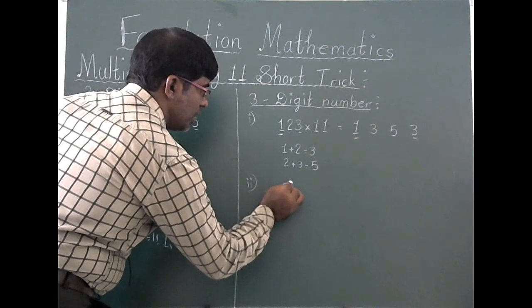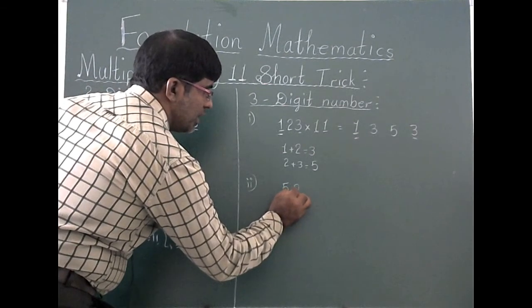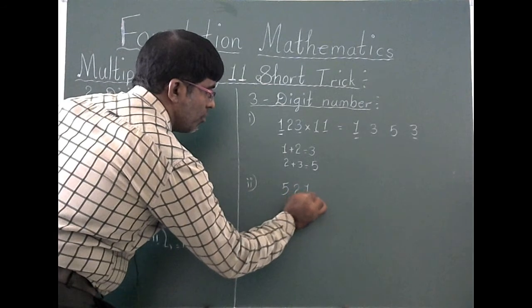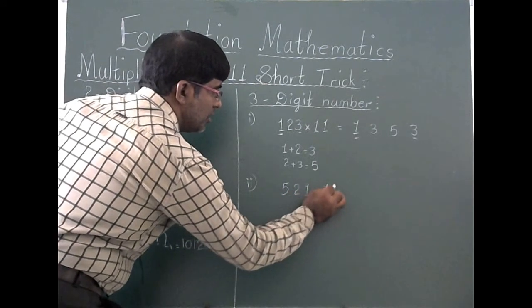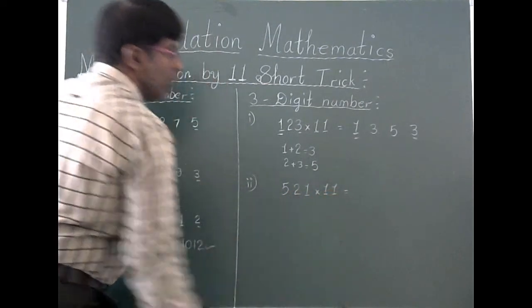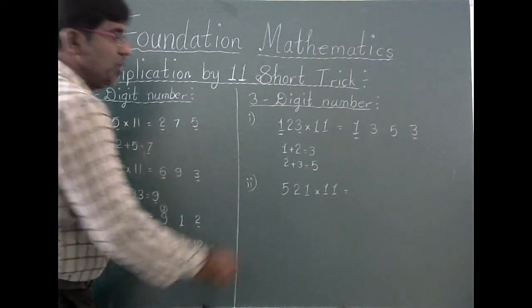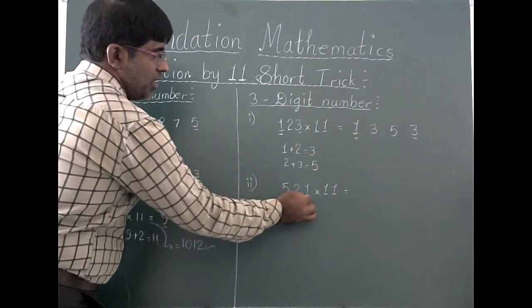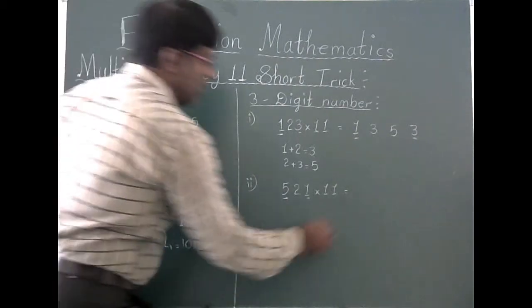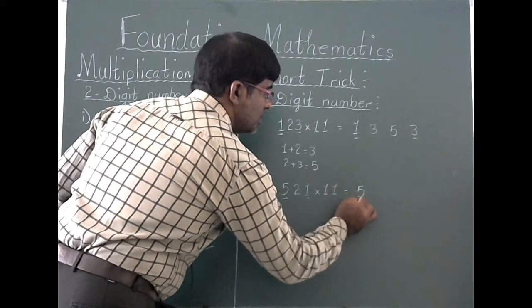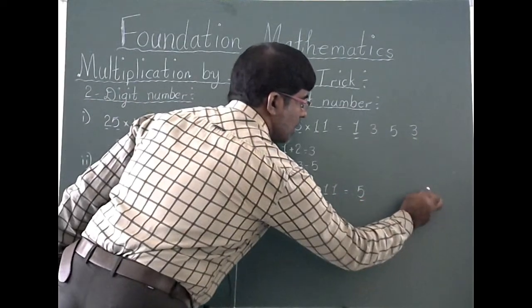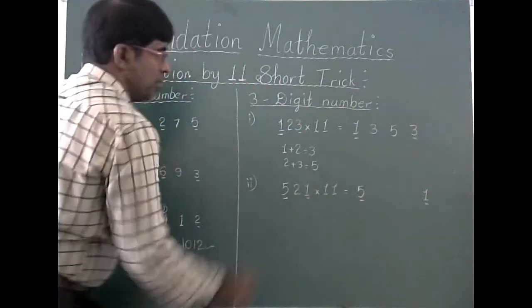Next problem, 521. 521 into 11. The first digit is 5, the last digit is 1. The first digit and the last digit as it is I am writing.